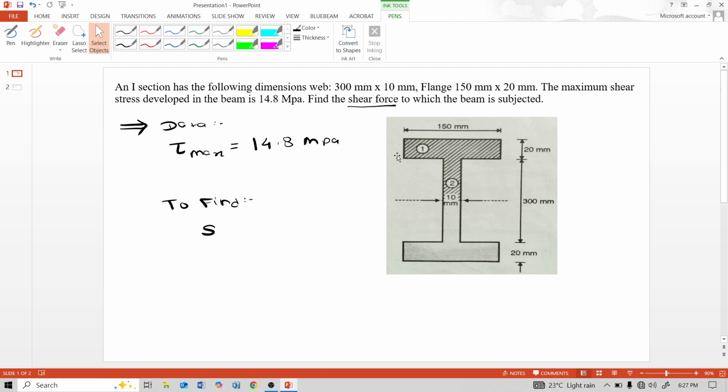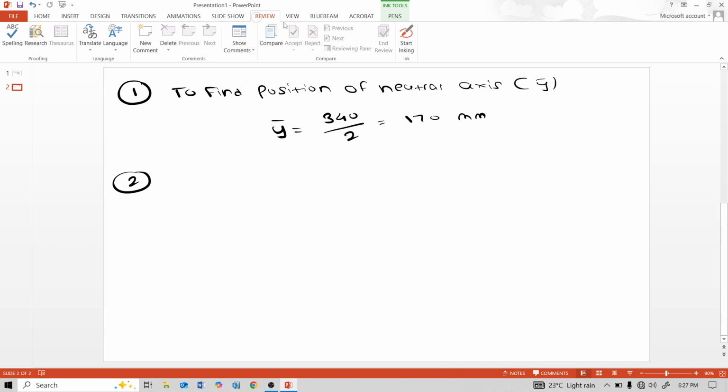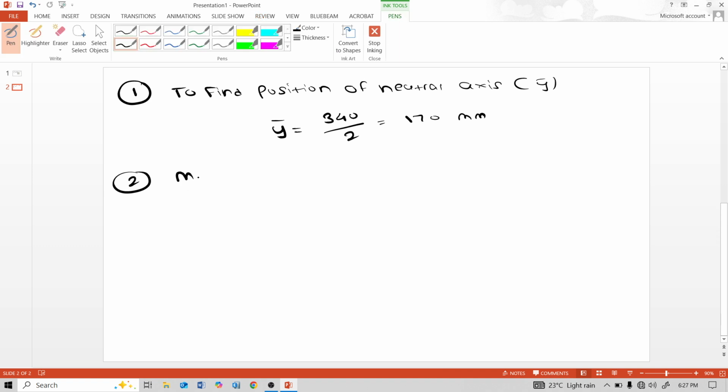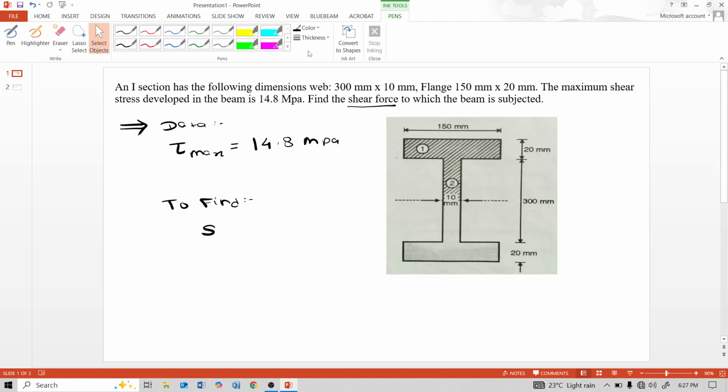Moment of inertia, denoted as I, is equal to, first calculate the moment of inertia for this full rectangle, this red line, about the neutral axis, x-x axis.